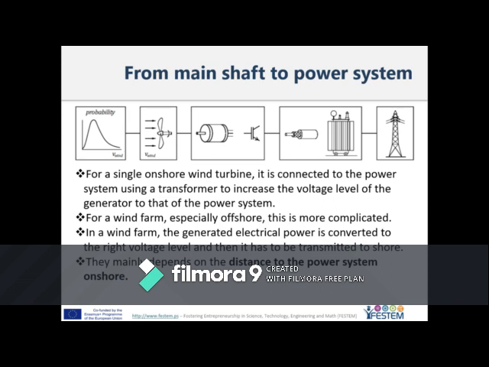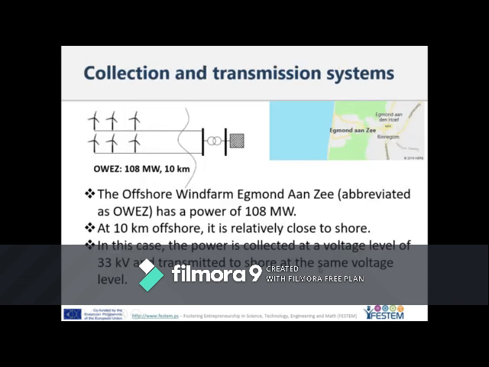Basically, as you can see, most of these offshore farms are far away from the shore, so we have to transmit the power produced there to shore where it is needed and can be consumed. This mainly depends on the distance to the power system onshore.